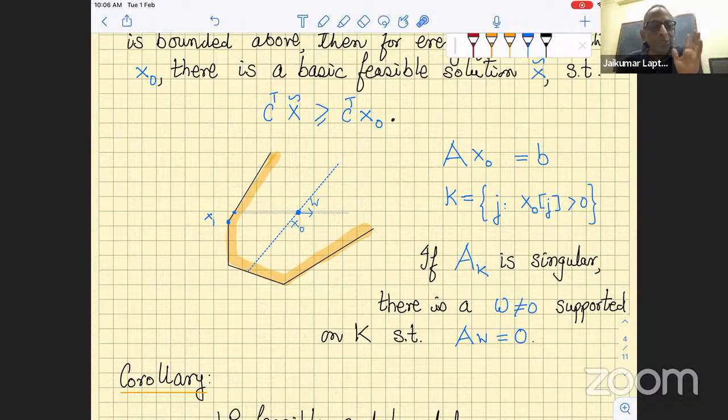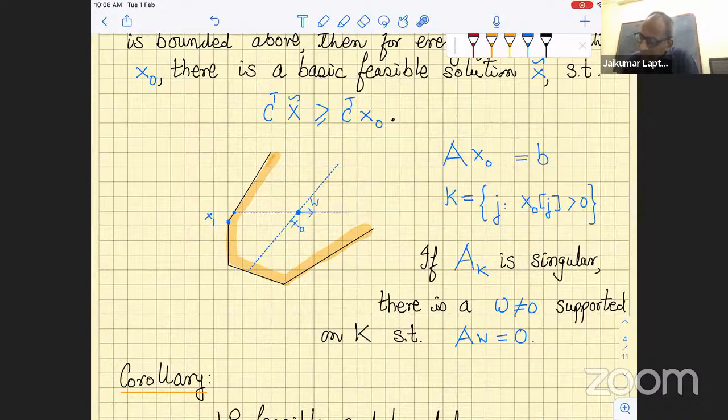So that's why it was important. There were these non-negativity constraints, and it may be that if you moved in the direction W, all those non-negativity constraints were already satisfied, and W has only non-negative values. If all the entries in W were non-negative, then you can move in this direction indefinitely.